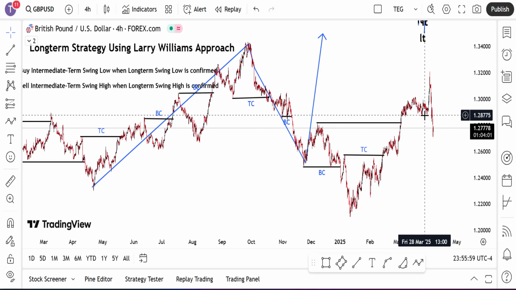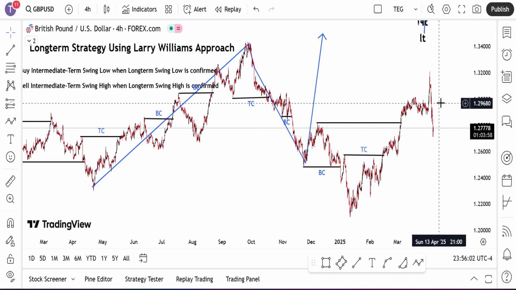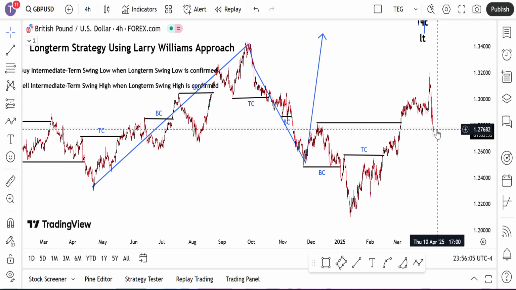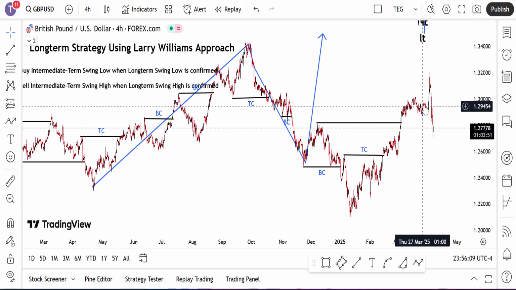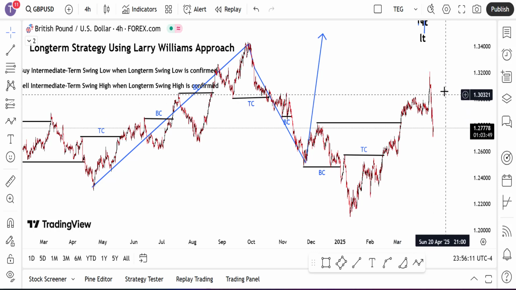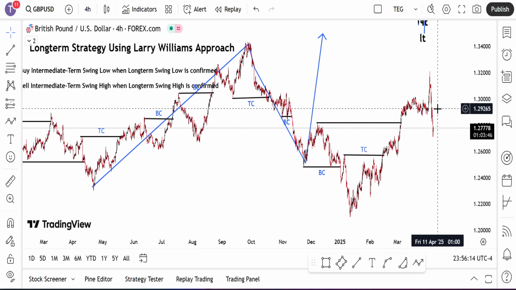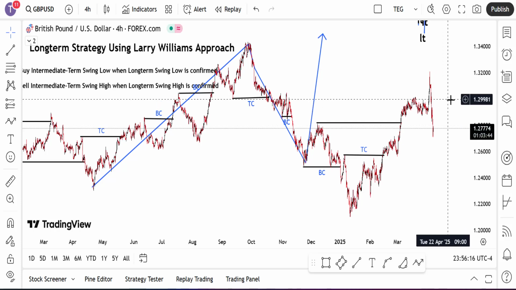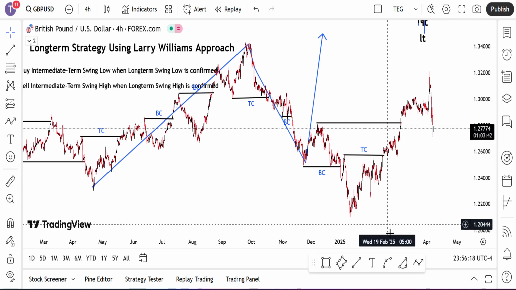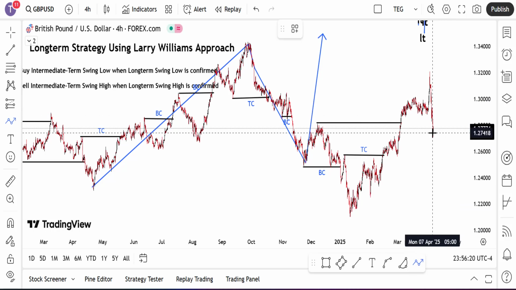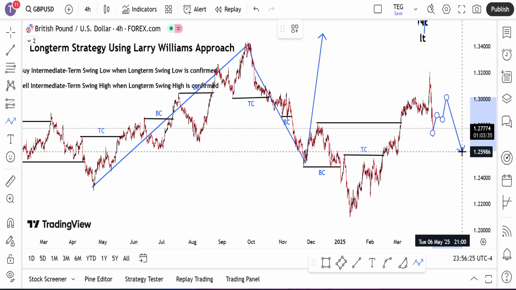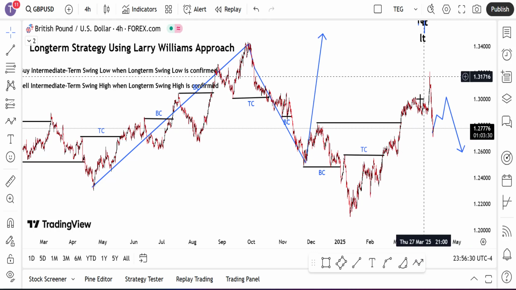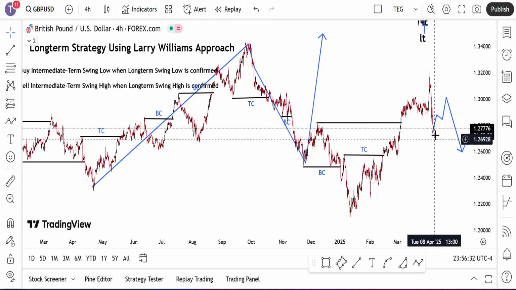So at this point in time, what do you do? You have to wait for another structure, a little bit of price action, to show that our long-term swing high has been formed. So if we have a series of short-term swing lows, let me give you a scenario. If we have a series of short-term swing lows like this and price takes out, know that this becomes our long-term swing high in the market. So you understand what I'm saying.